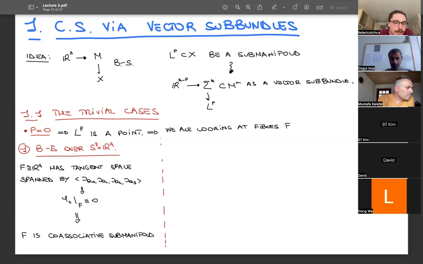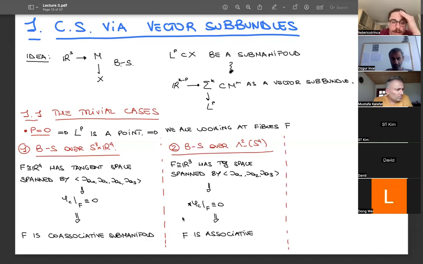You can check quite easily that in the S^3 times R^4 case, the tangent space of your fiber, which is diffeomorphic to R^4, is spanned by dA_0, dA_1, dA_2, dA_3. If you plug them into the 4-form, you see that this vanishes, and so F needs to be a coassociative submanifold. So all the fibers of the Bryant–Salamon S^3 times R^4 manifold, R^4 times any point of S^3, are coassociative submanifolds.